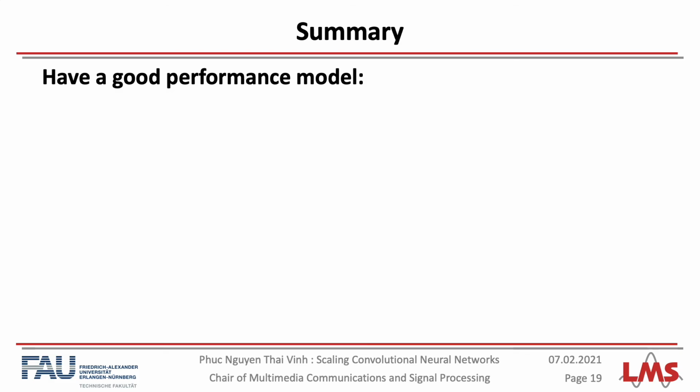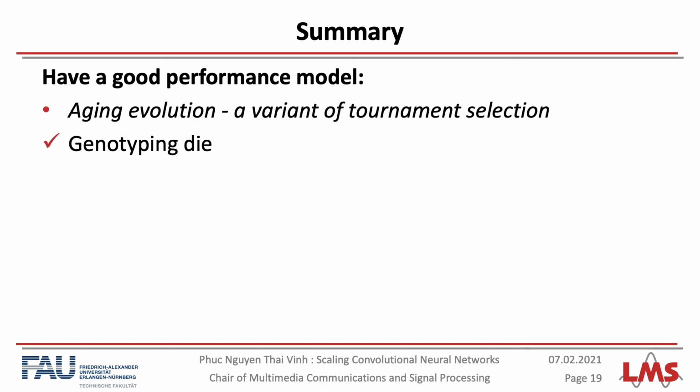And in summary, in these two papers we get knowledge about how we can have good performing models. At first, we use regularized evolution with a variant of tournament selection. It means that we sample from the population, and children architectures are produced until we train the children.